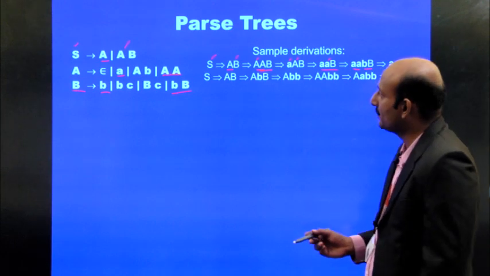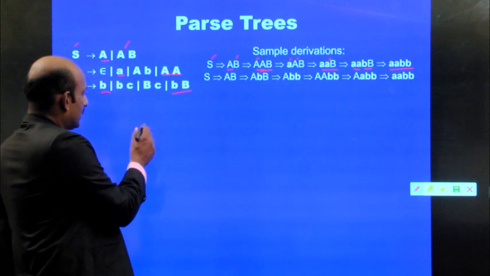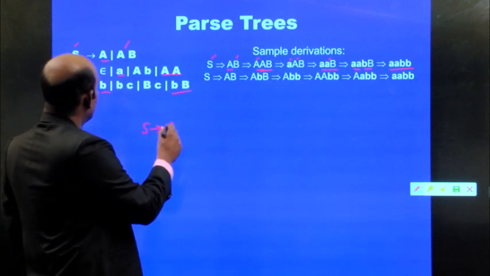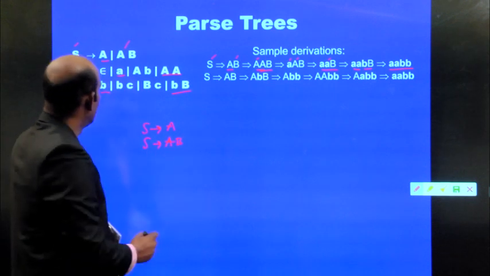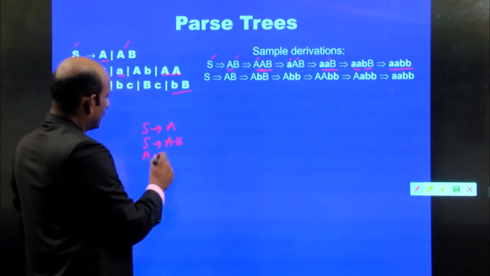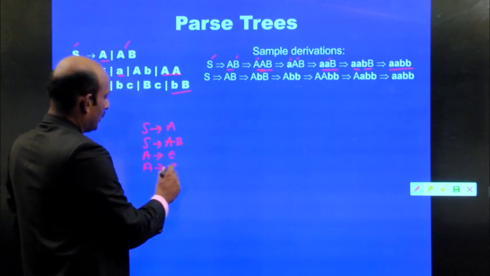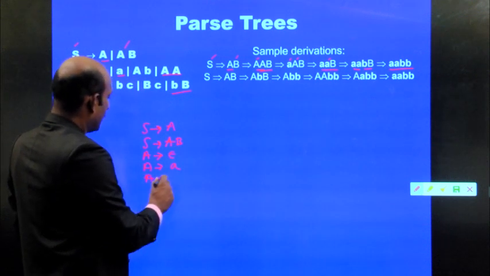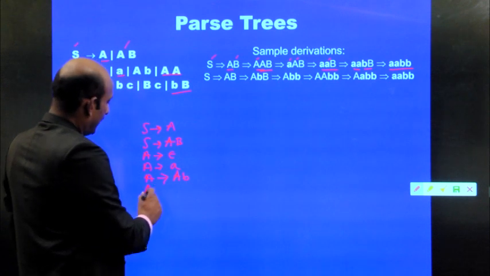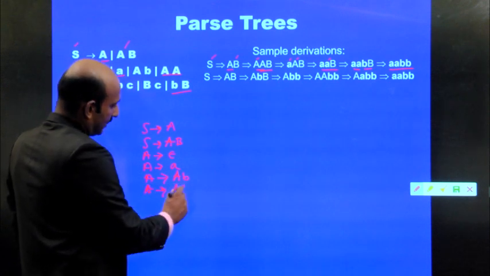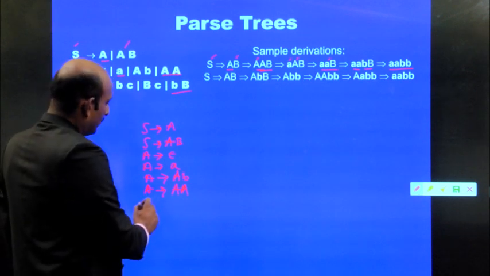So what are the productions we have taken for this one? First we may write S tends to AB, and A implies epsilon, and A implies small a, and A implies capital A, B, and A implies capital A, capital A. Then we can go for the B productions.